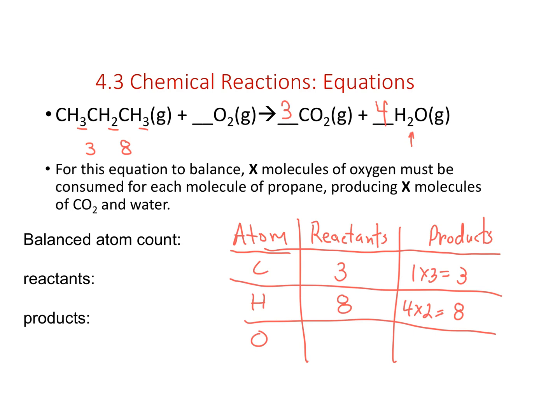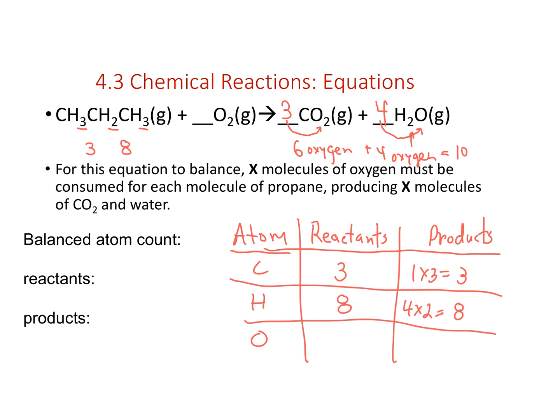The next thing I want to do is take into account how many oxygens I have. So if I look, the coefficient of 3 with the carbon dioxide with 2 oxygens each, 3 times 2, I've got 6 oxygen there. And I have 4 times 1, I have 4 oxygen there. So 4 plus 6, I have a total of 10 oxygen.